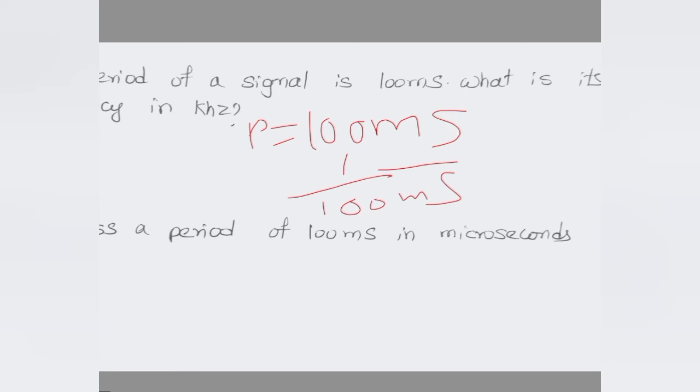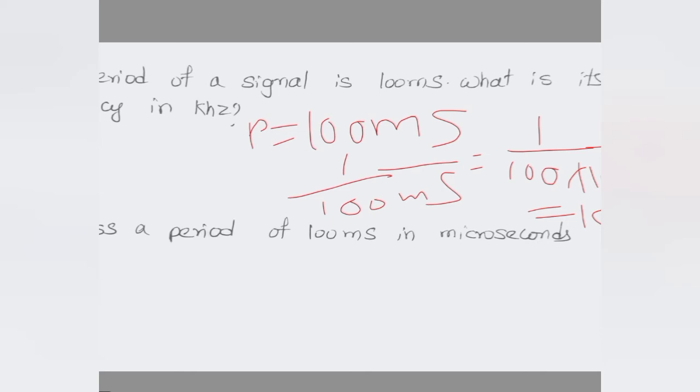So 1 by 100 into 10 power minus 3 seconds. 100 is 10 power 2, and 10 power 2 times 10 power minus 3 equals 10 power minus 1 seconds. So this is the period.